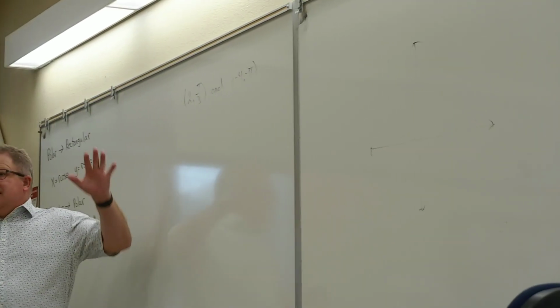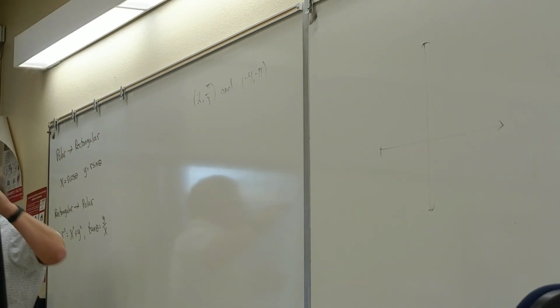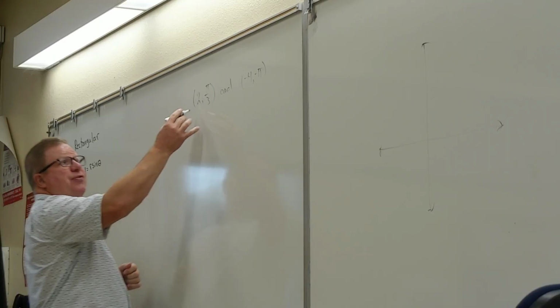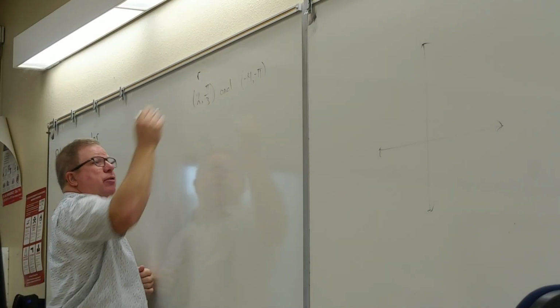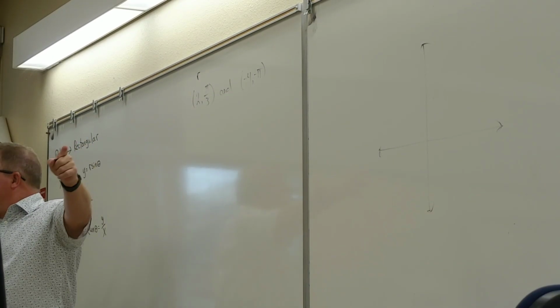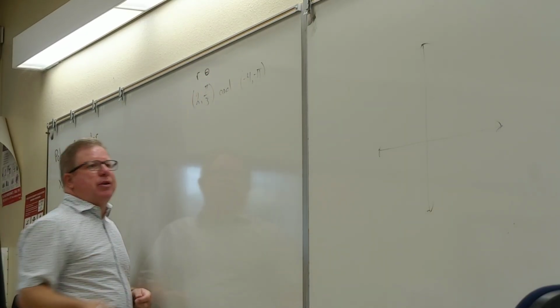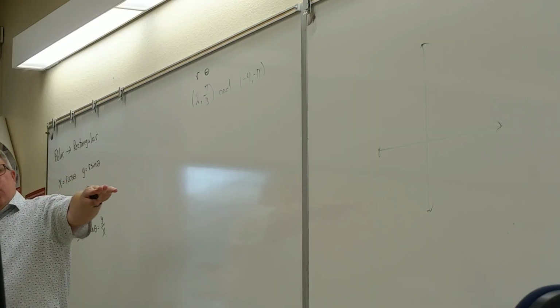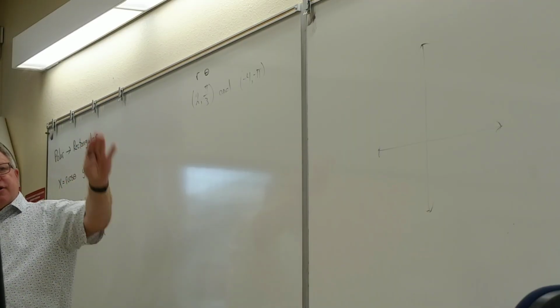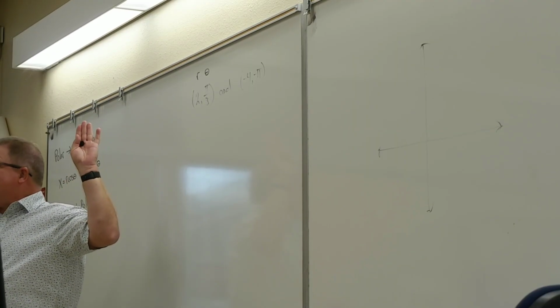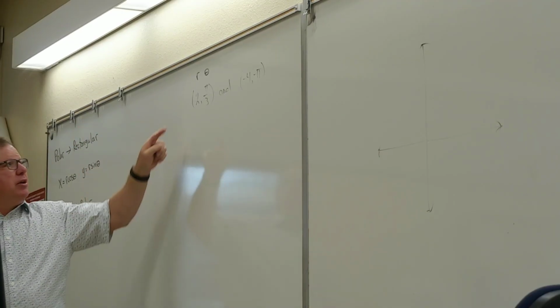So remember, these are in polar form, and in polar form, this first coordinate is r, the radius, the distance from the origin, and the second coordinate is theta, the angle rotating counterclockwise from the positive x-axis. All right?